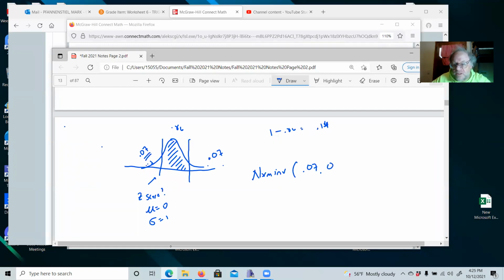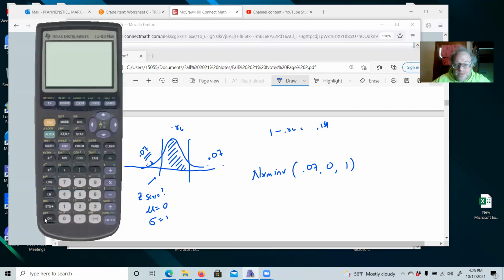Okay, so we have 0.07, 0, 1, and we're going to see what that gives us. It's going to give us a z-score. So second function, distribution, inverse norm. All right, and we get 0.07, comma, 0, comma, 1. All right, so there we are.